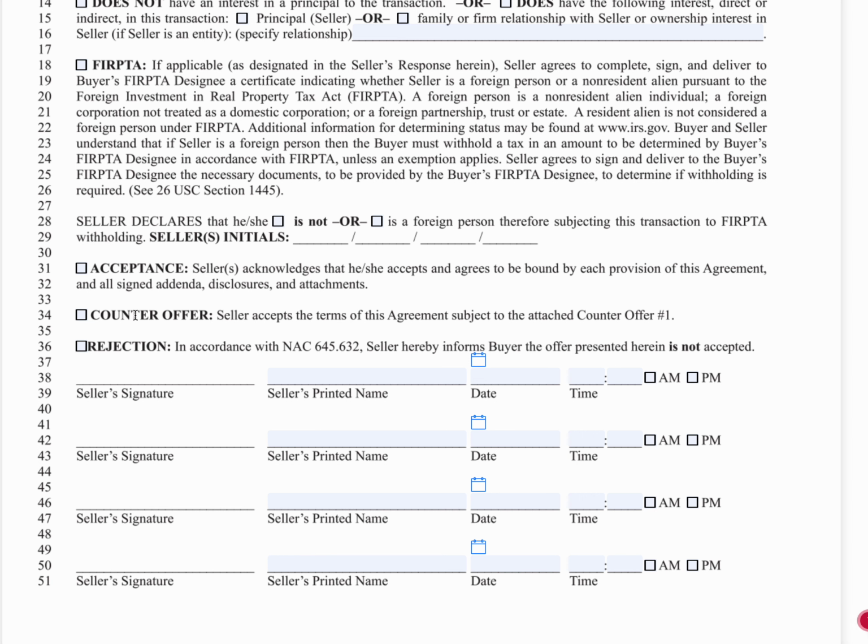Another common question is, if we get a counter offer and we want to take our time making the decision, if we don't like their counter offer, we could submit another counter offer. Say for instance, we submitted an offer at $400,000 and they want to sell the property at $420,000.